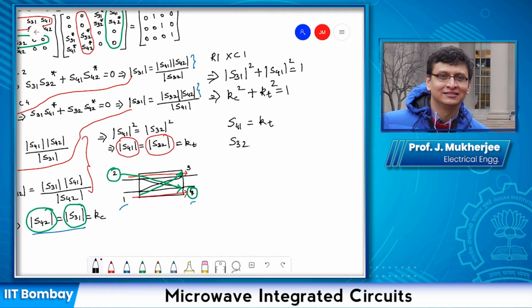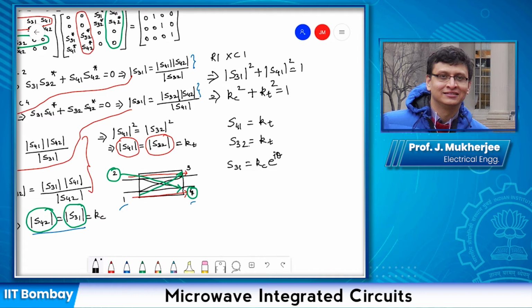Note that the modulus of S41 and S32 are the same. I can also make S32 purely real. So now let me define S31, which has a magnitude of Kc, but let me assign a phase theta.